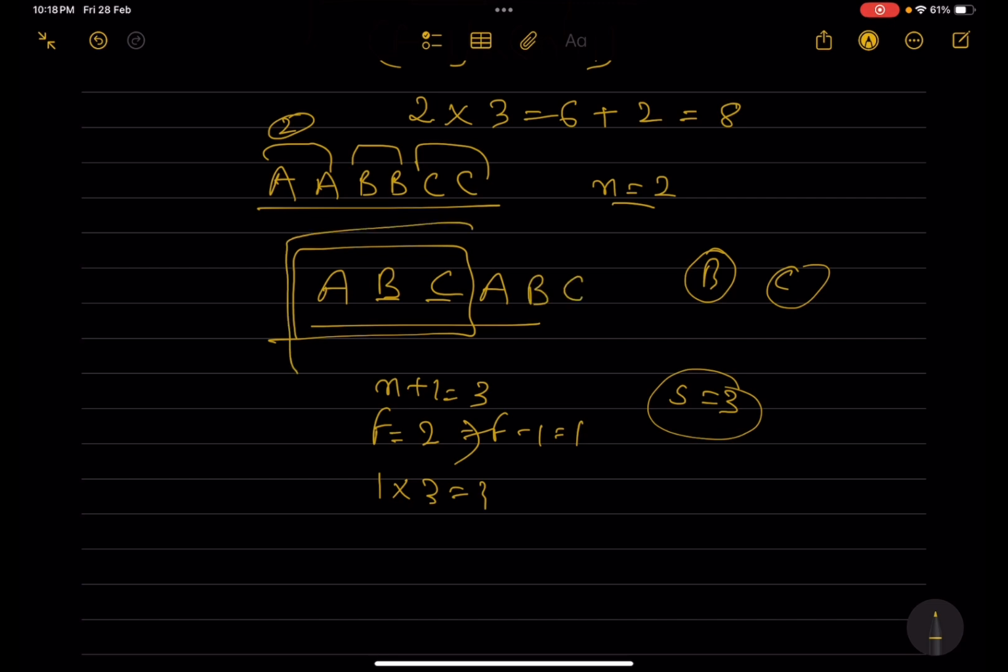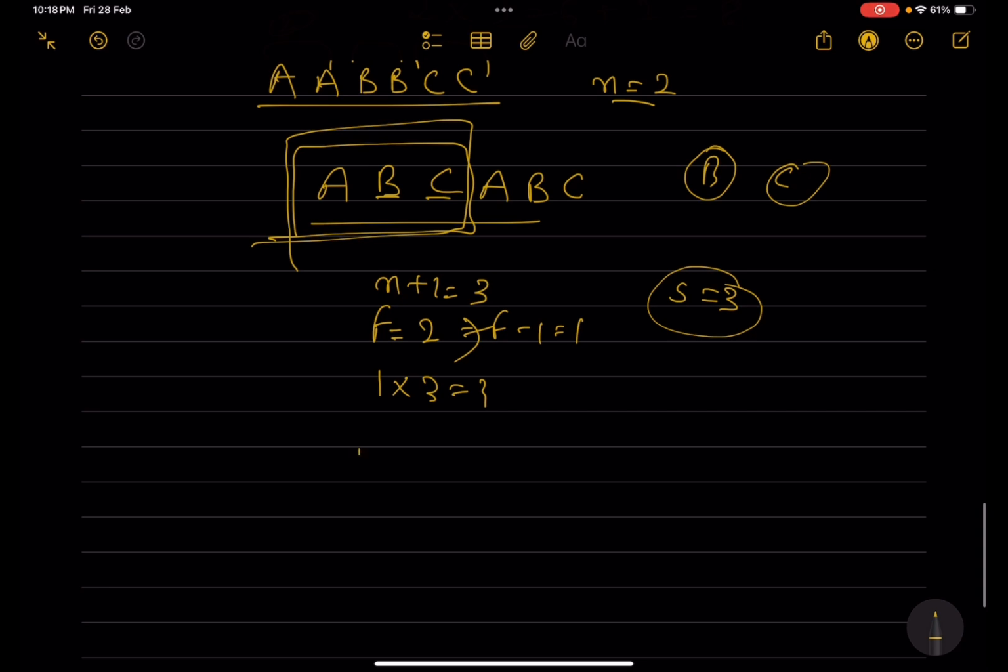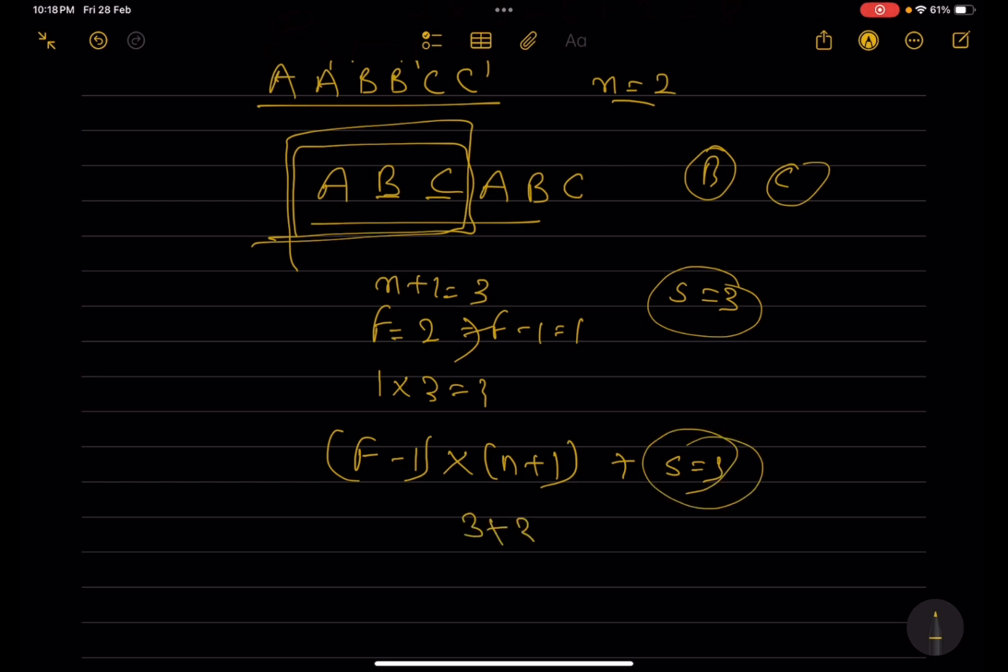Till here we got the answer from f minus 1 into n plus 1. Now we have to add s, which is equal to 3. So that means the answer would be 3 plus 3 is equal to 6. 1, 2, 3, 4, 5, 6. That is the minimum number of intervals required.